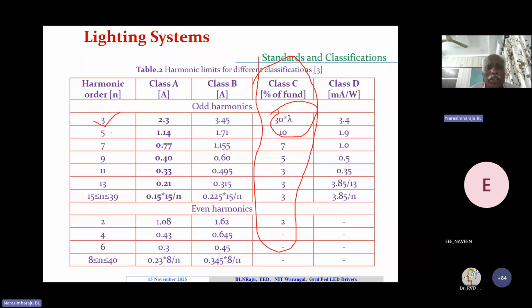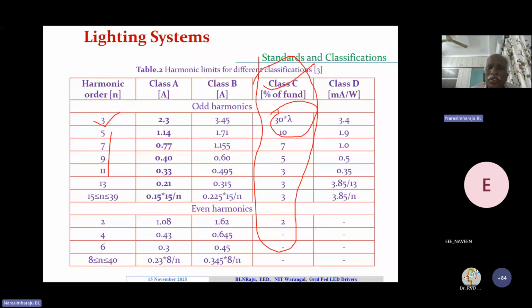Similarly, as the order of the harmonics increases, the percentage of the fundamental component that is acceptable as per this standard for lighting equipment changes.